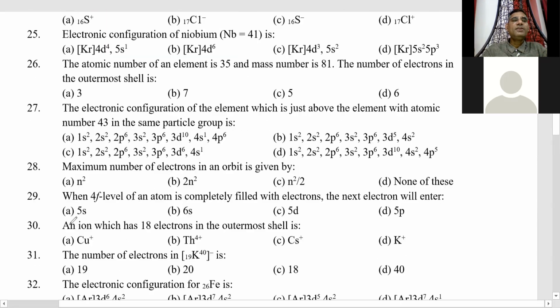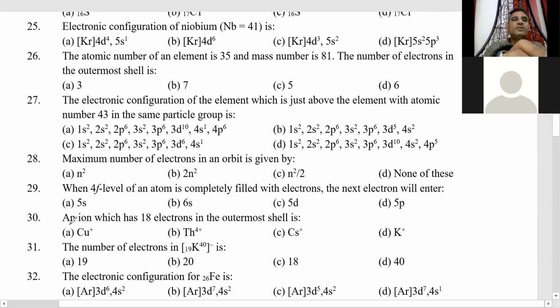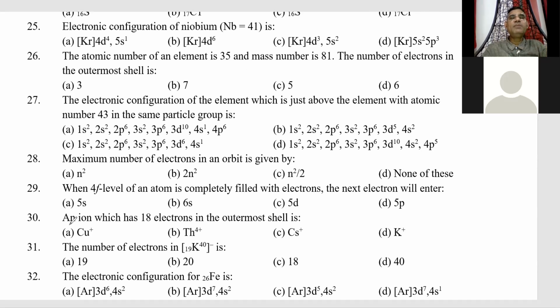Now see what the next step is. The atomic number of an element is 35 and mass number is 81. Then how many electrons are there in the outermost shell? For such questions, you should know fluorine, chlorine, bromine, iodine. These are 9, 17, 35.